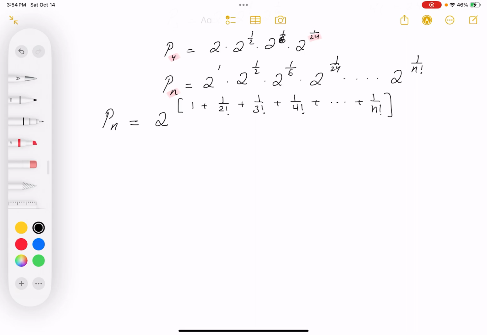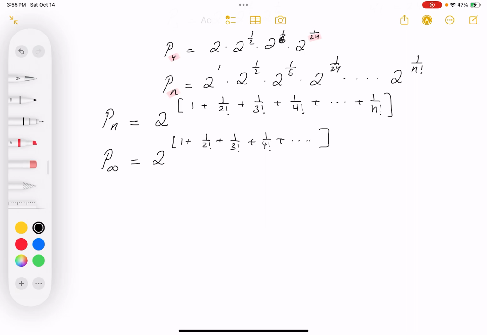And I'll write this over here. So I'm going to say, if I went to P infinity, which is really what I'm trying to do over here, this sort of reminds me of E, but not exactly. There's a power. So I'm going to say 1 plus 1 over 2 factorial plus 1 over 3 factorial plus 1 over 4 factorial plus, and this goes on forever, by the way, and those factorials go on forever.